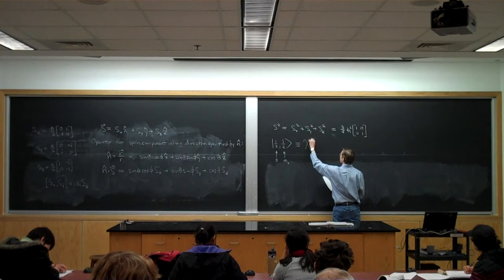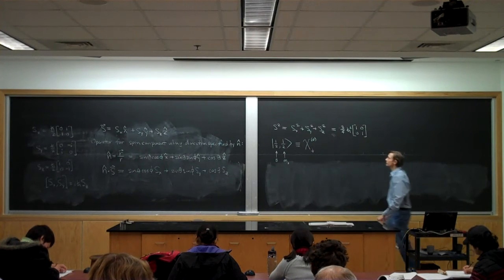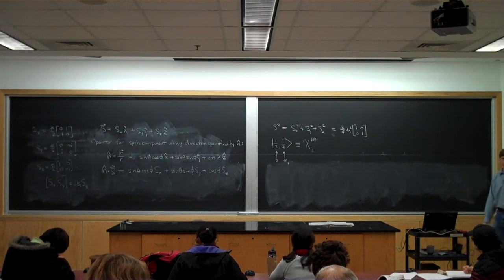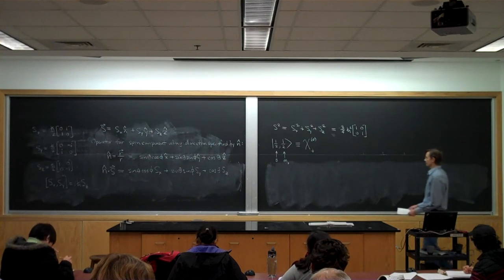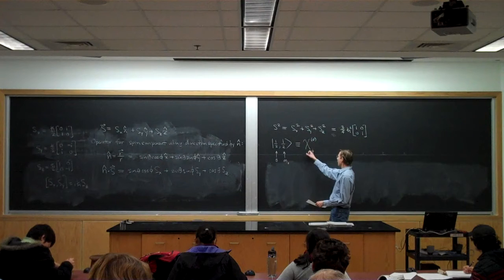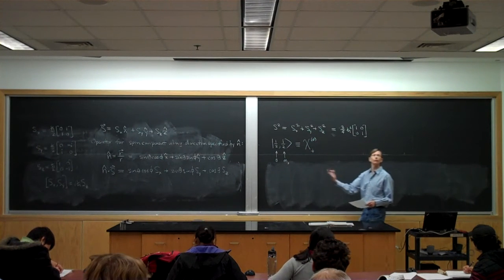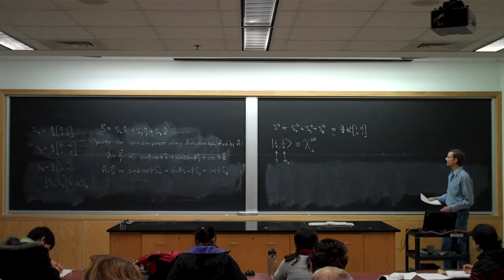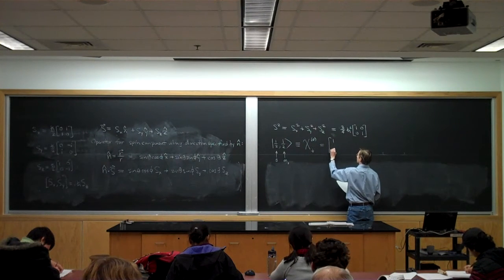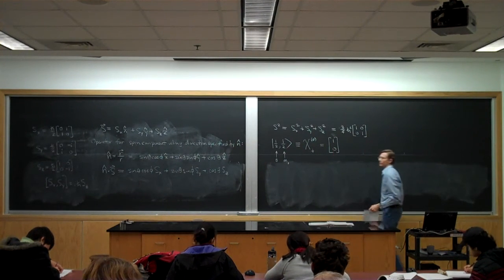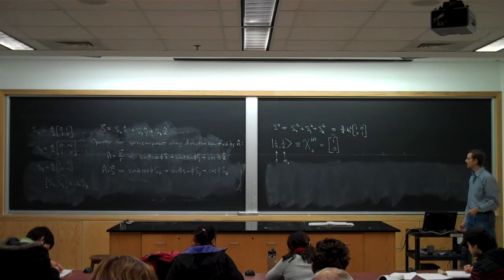And if we don't put the superscript, it's understood to be a z. In other words, just chi plus by itself means the eigenstate for the z component of the angular momentum, and that was equal to column 1, 0.